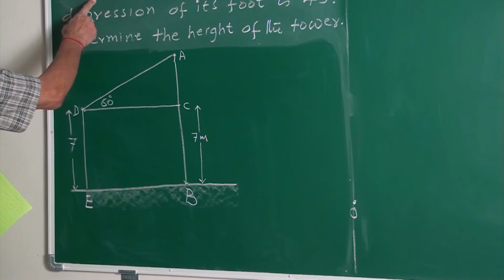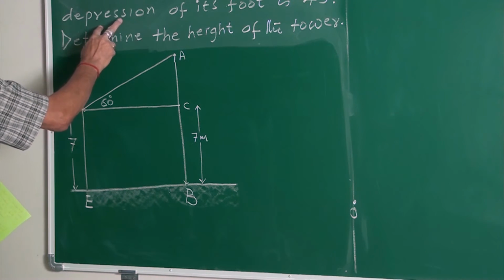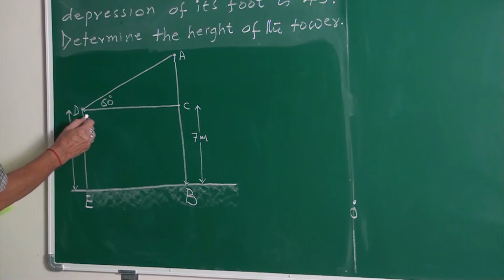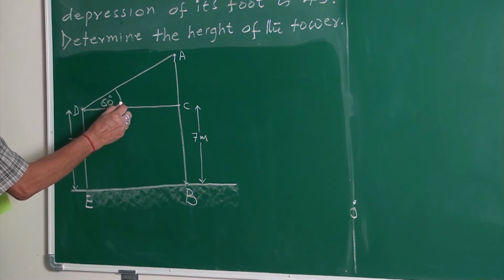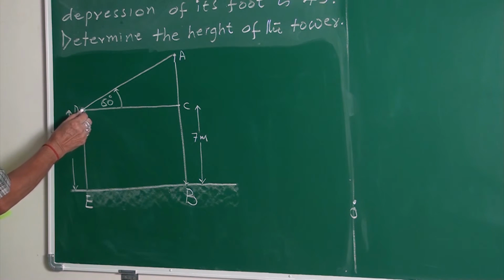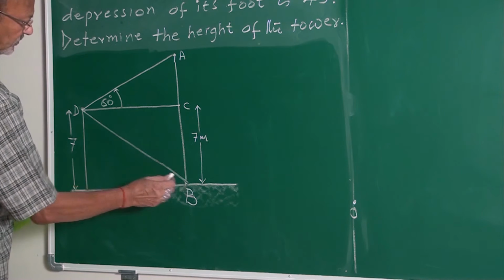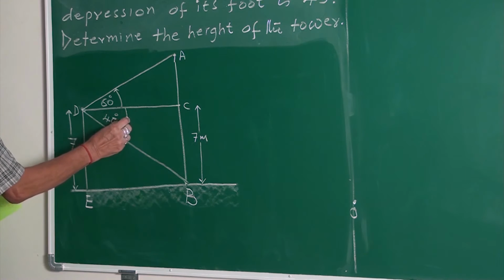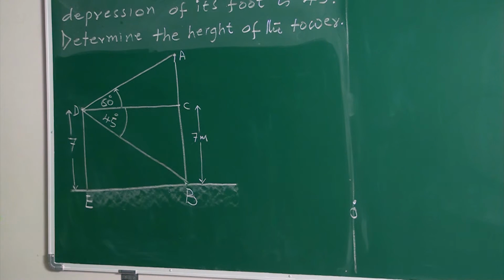The angle of depression of its foot is 45 degrees. This is the foot of the building. You want to find the height of the tower.